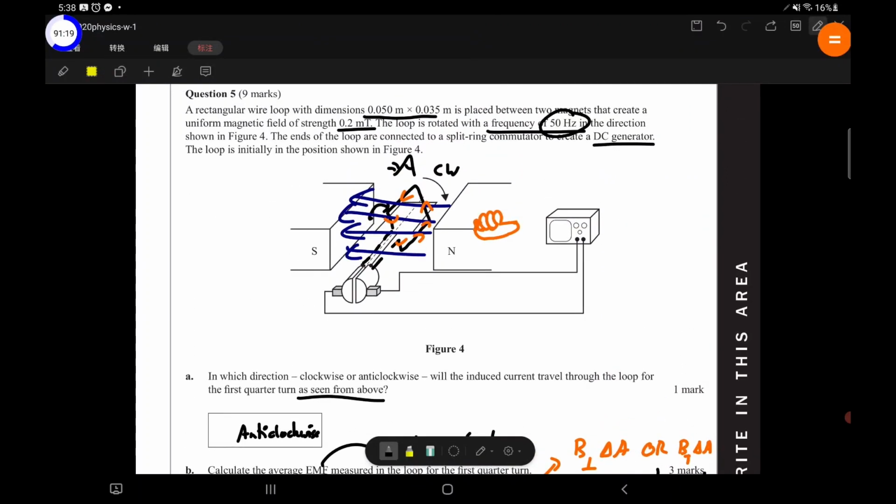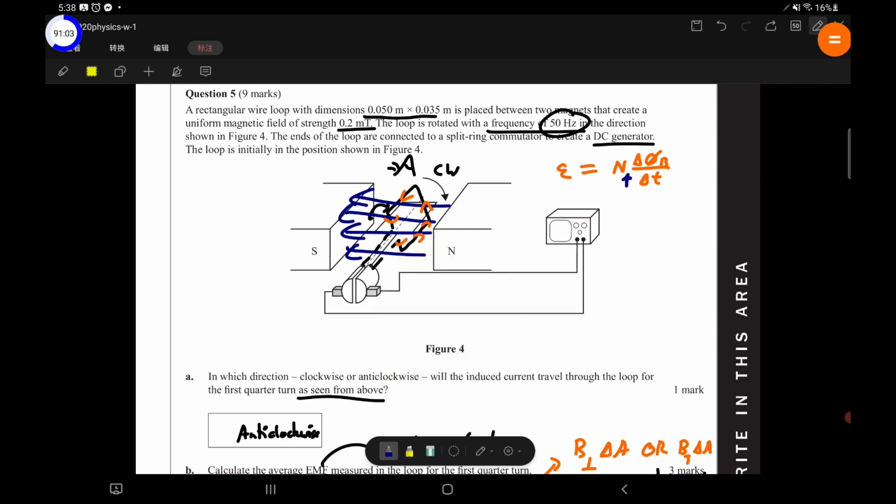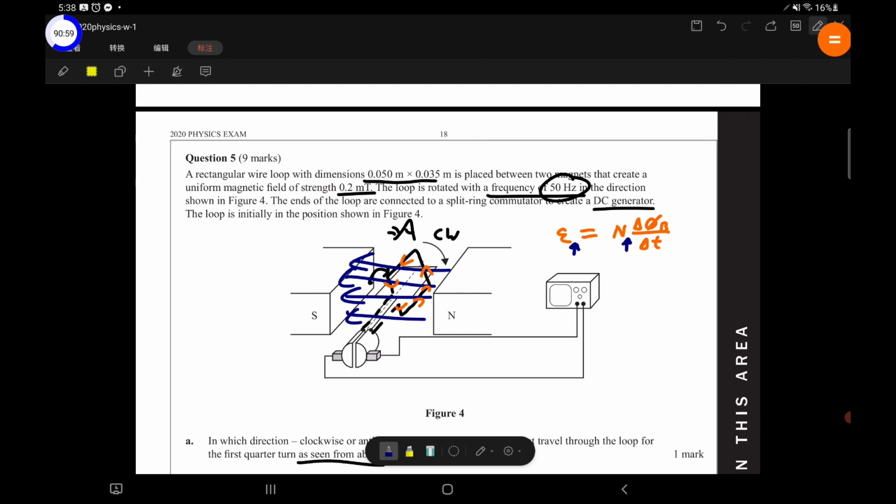How can I increase the EMF that comes out of this? Remember that EMF relates to the change in flux. Now there's one thing I can do, which should be fairly intuitive. I can increase the value of N, and that will increase the value of the EMF. Increase one variable and the other variable also increases, so I can increase the number of coils.